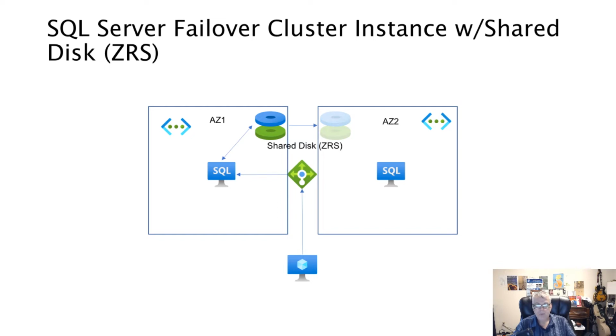And so once you configure it, it behaves just like a traditional cluster disk. You'll register it in failover clustering, and at that point, you just install your SQL Server FCI like you normally would on-prem and choose the Azure Shared Disk as your storage option. Again, with enabling the zone redundant option, then you can also span your cluster across availability zones.